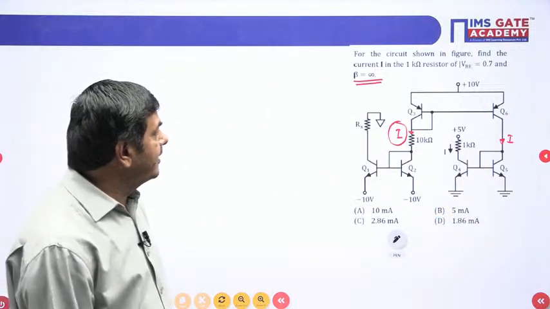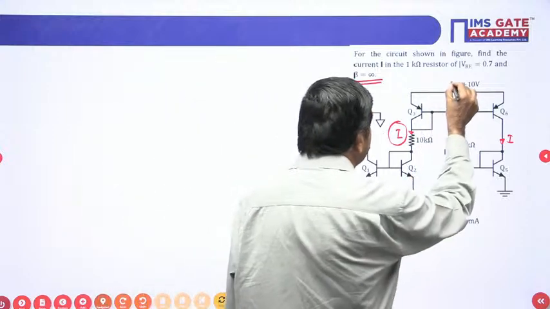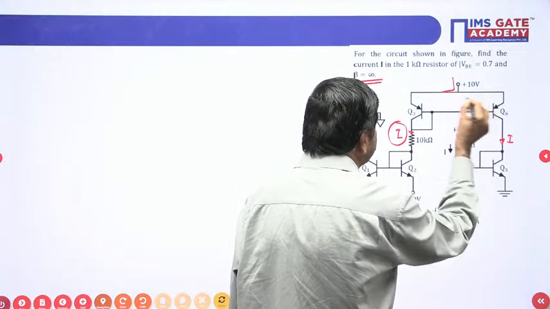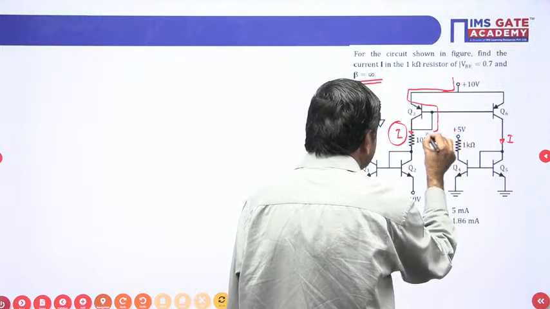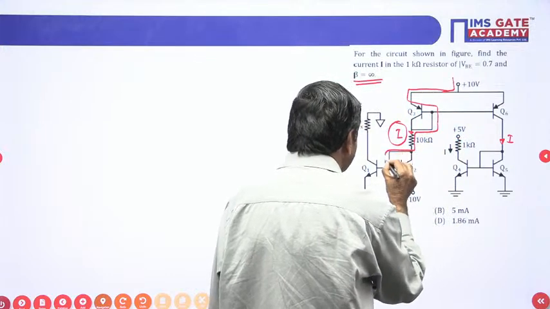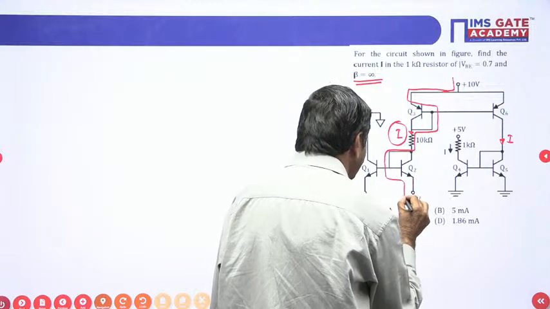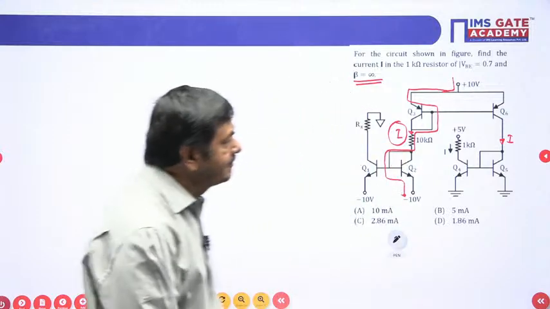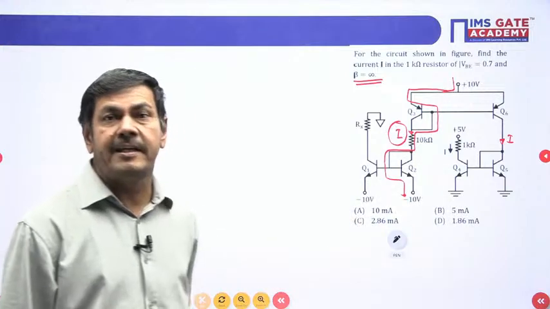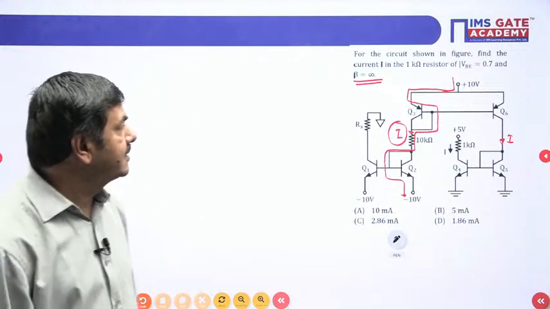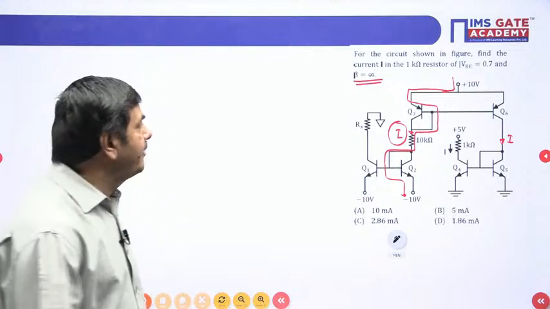How can we find that current? We can apply KVL by selecting the path in this particular direction. I will go by this path. Apply KVL in this particular path. The selection of the path is done in this particular way, and easily you can determine the current I. Apply the KVL.